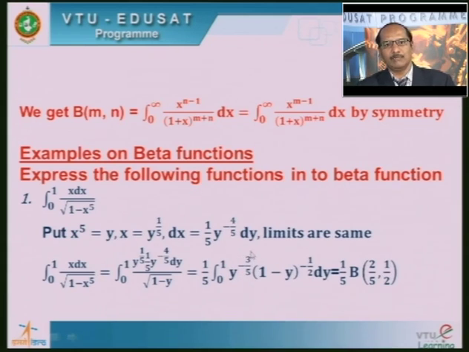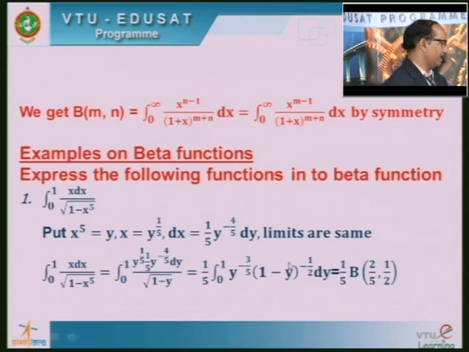You write minus 3 by 5 is 2 by 5 minus 1. Then 1 minus y to the power minus 1 by 2. Minus 1 by 2 we can write as 1 by 2 minus 1. This we can simplify here.